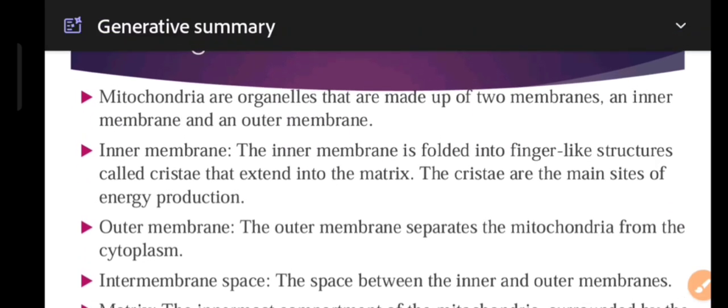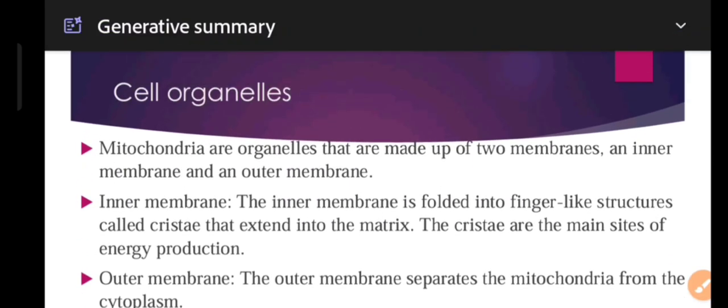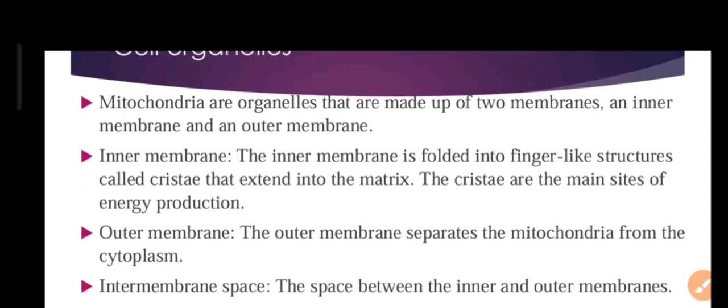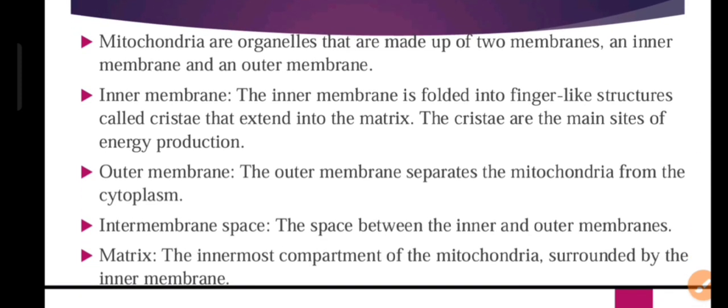Coming to the cell organelles, the first one is the mitochondria. Mitochondria are living cell organelles that are made up of two membranes, an inner membrane and an outer membrane.